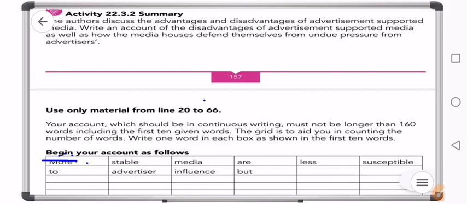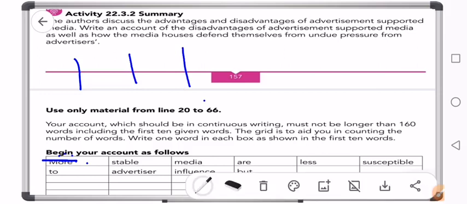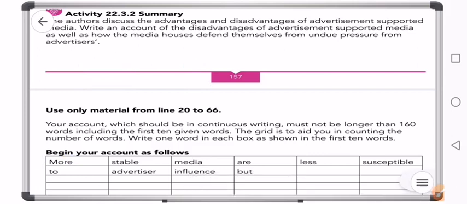And you also need to be careful about the character. Sometimes they say imagine you are the writer, which means you are going to write as the writer. So be careful about the character, because most of the time they say, imagine you are the writer. So remember, you are writing as the writer, so no "I". Let me read the first given 10 words.